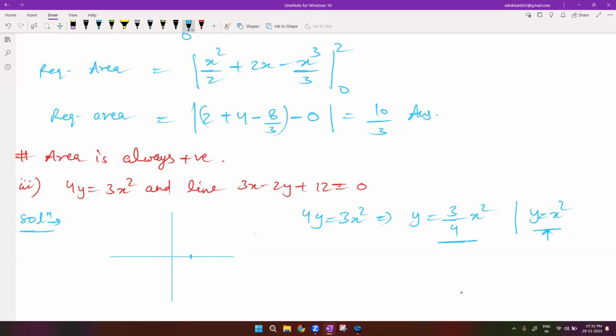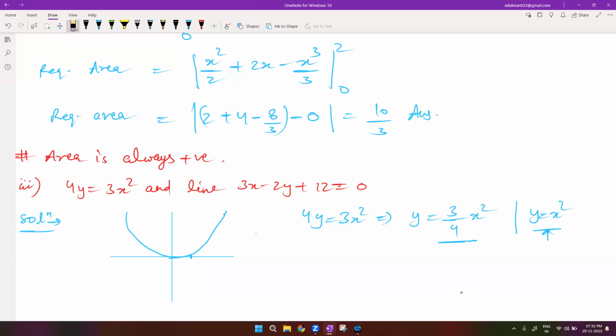So this means that the curve is flattened. This should be something like y is equal to 3 by 4 x square. y is equal to x square will be something like this, more vertical, because the values of y are increasing at a much higher pace.